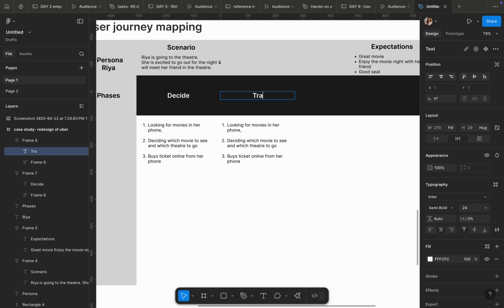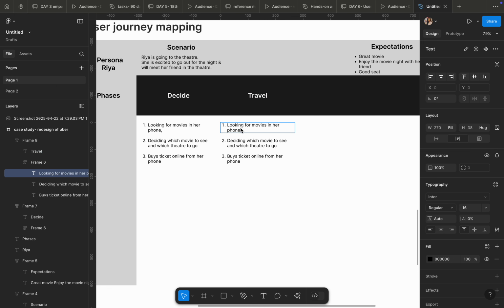Then she needs to travel. She drives to the movie theater.